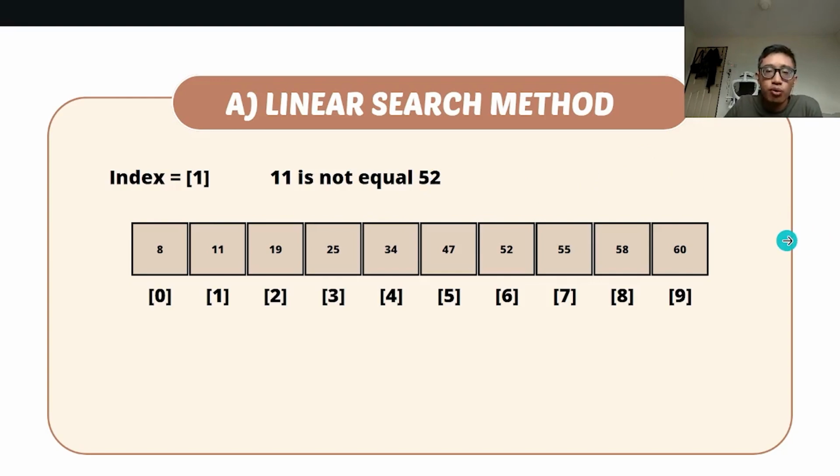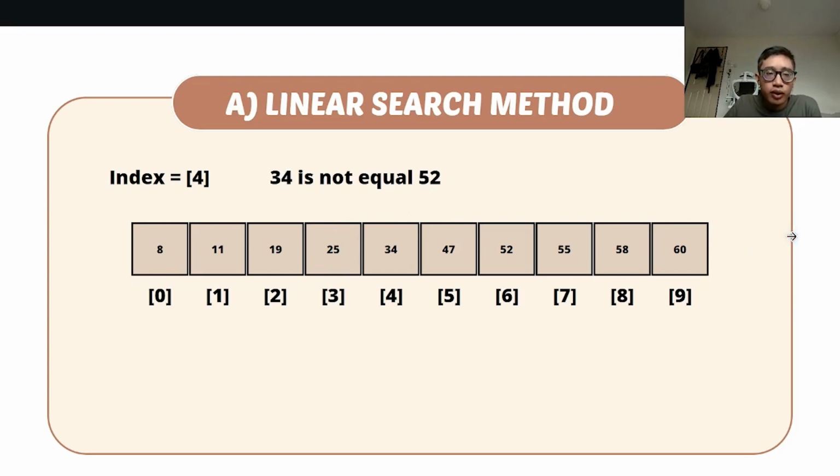Next is index 2, which contains 19, but 19 is also not equal to 52. Then we move to the next step. In index 3, the item is 25, which is also not equal to 52.